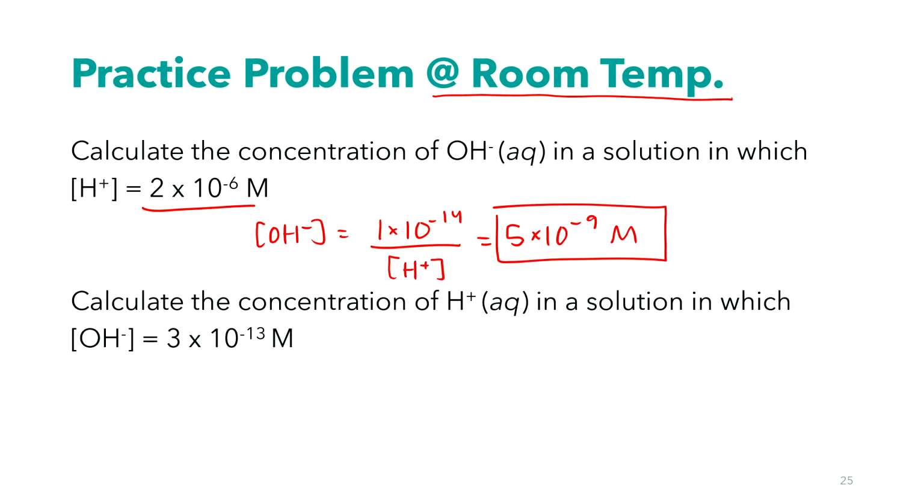Make sure you punch that in correctly and aren't making calculator errors, because this is a low-hanging fruit question. This is one of the very few equations you get on your exam sheet: KW equals H+ times OH- equals 1 times 10 to the negative 14th at 25 degrees Celsius.